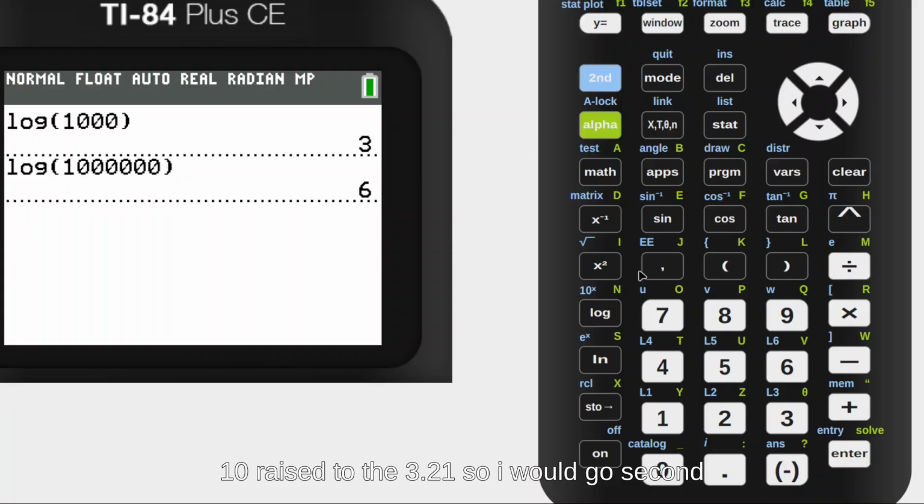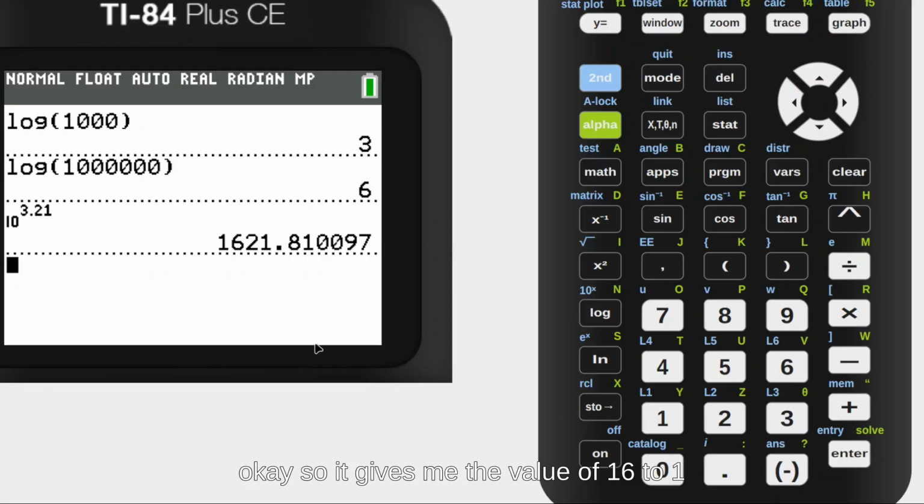I would go second log of 3.21. So it gives me the value of 1621.81 and change. This is called the antilog, or the inverse of log. It's a little different on different calculators, but most scientific calculators have this functionality.